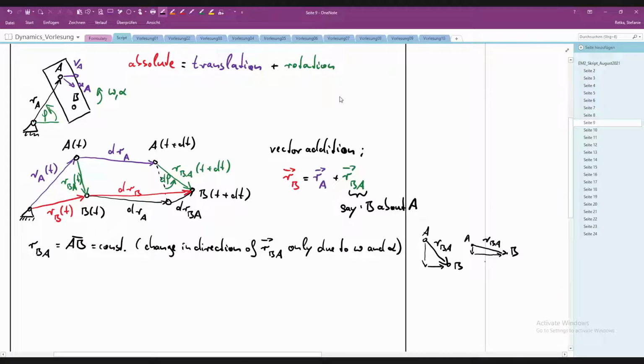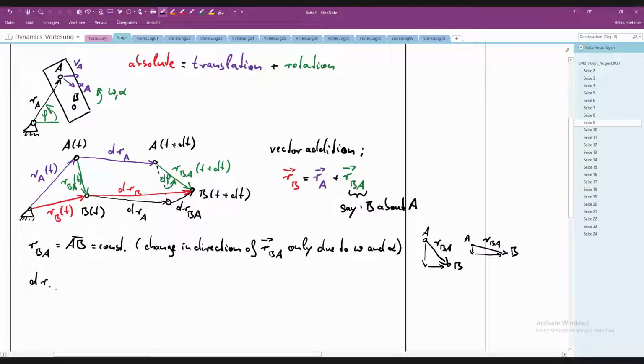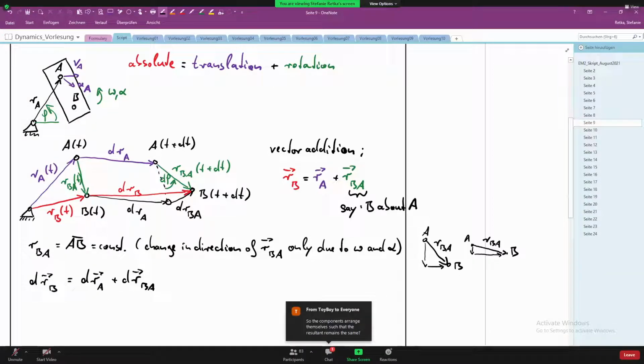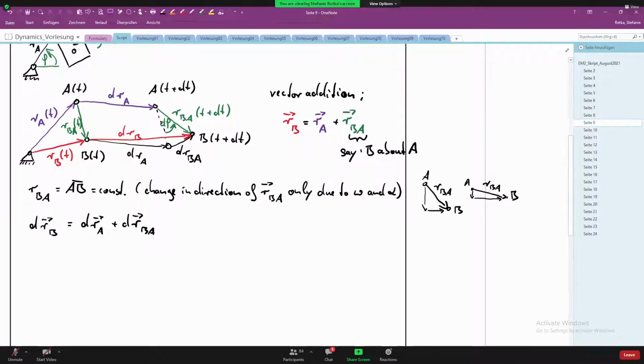Okay, if we can state this for the current position, we can also state this equation for the change of this position: drB is equal to drA plus drBA. And then it's identical to what we did in chapter 1.